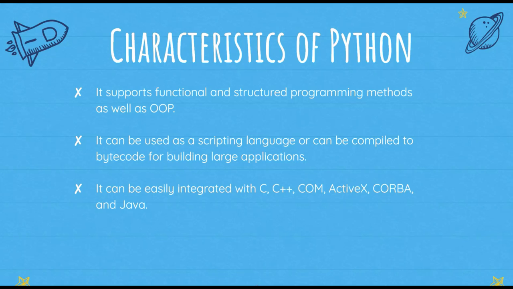So the last one is the integrated version, or I can say that if you have GUI programming or if you are trying to connect with C or C++, that will help you understand how it is extensible. If needed, you can write some of your code in other languages like C++.